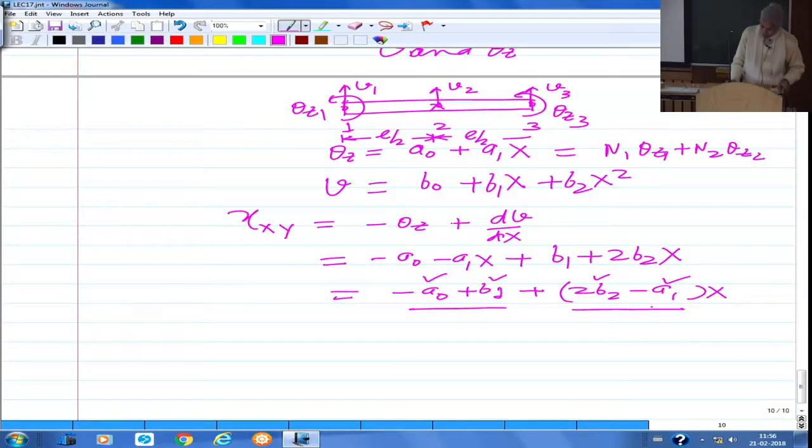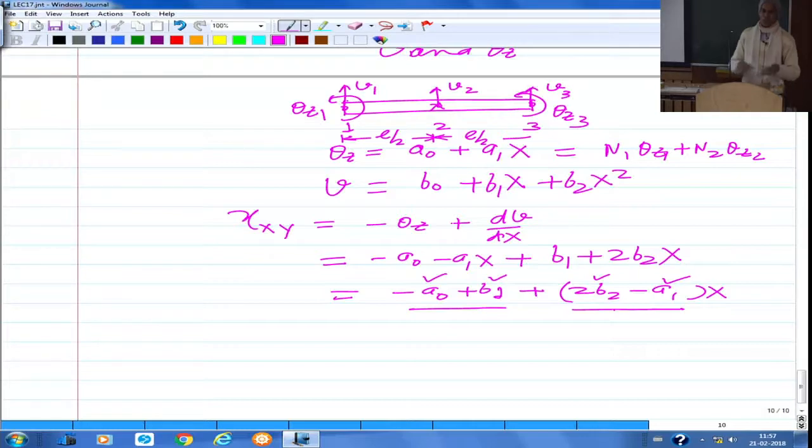The only thing it will give you is the relationship between v and theta z, that is the derivative of v and theta z. So in this interpolation gamma xy is consistent, and the resulting thin beam constraints, minus a0 plus b1 approaching 0 and 2 b2 minus a1 approaching 0, are both consistent.